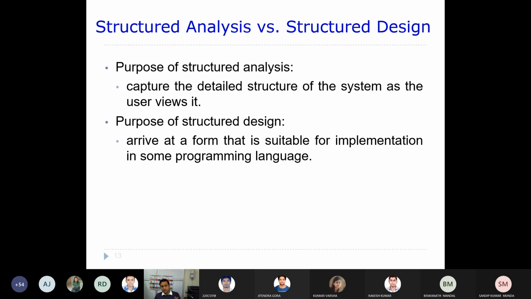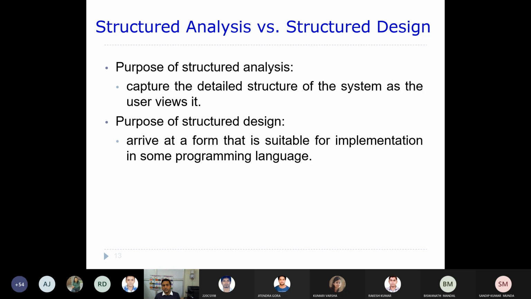Now the structured analysis is mostly meant for the customers, because they need to understand the whole detailed structure of the system they are going to get. They need to verify whether the requirements they have are addressed as part of this complete structure or not.